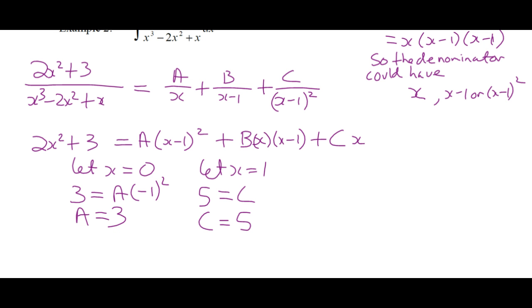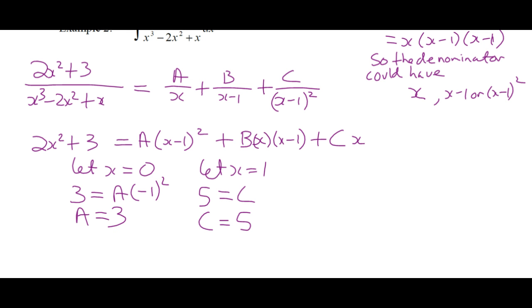So how do we get B? You can only use a 0 or a 1, right? You can plug in any x value you want because you know what A and C are, right? It's true. We could do that. And another way we can look at this is, if I expand this, but let's look at it a little more systematically perhaps. If I expand this, I'm going to get A times x squared minus 2x plus 1. And if I expand this, I'm going to get Bx squared minus. So the x squared is going to come from what?